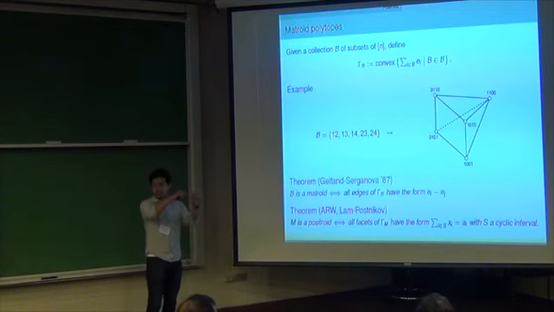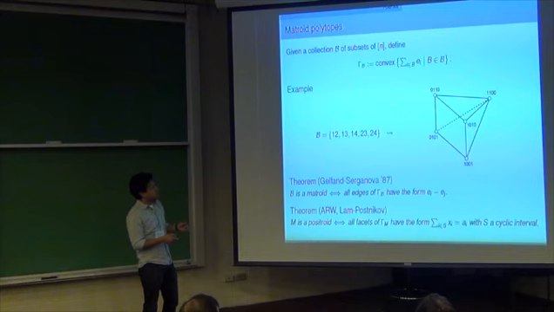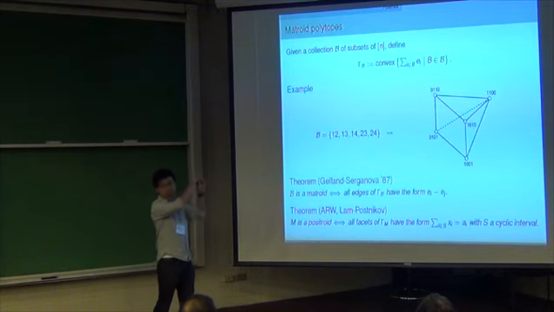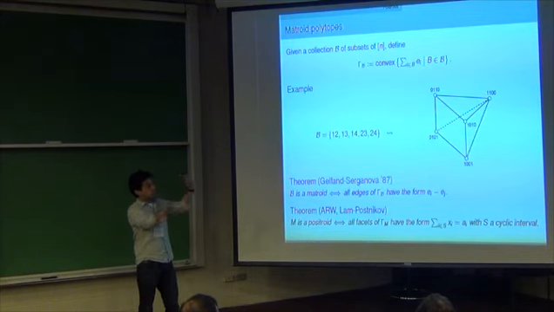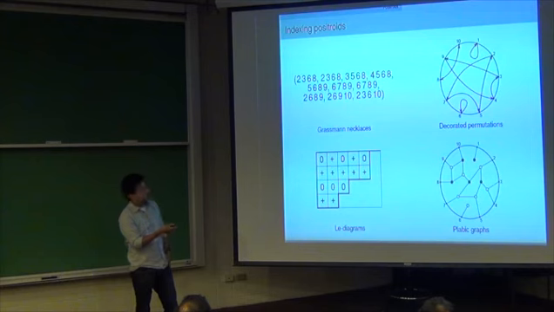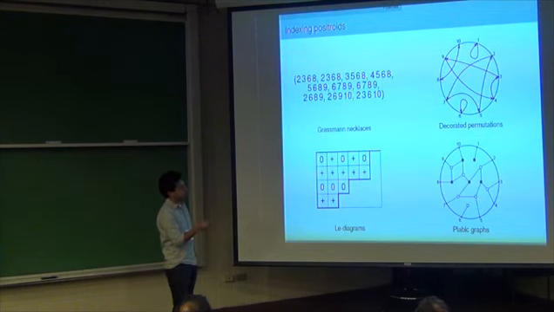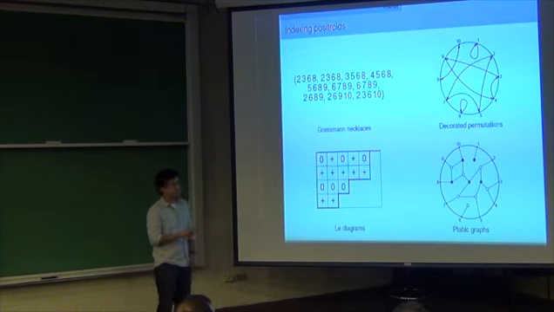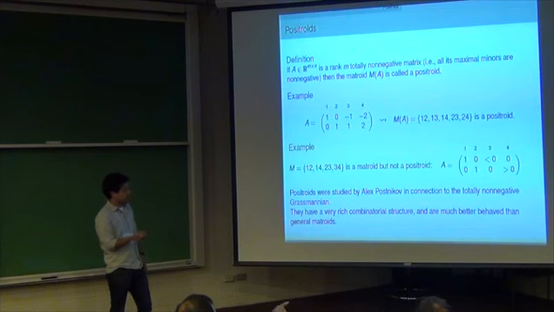So a cyclic interval is just an interval of the numbers 1 up to n, but you're allowed to wrap around n. So think of the numbers as in a circle, 1, 2, 3, 4, 5, and then any interval in this circle is what we call a cyclic interval. For example, 9, 10, 1, 2 is a cyclic interval.